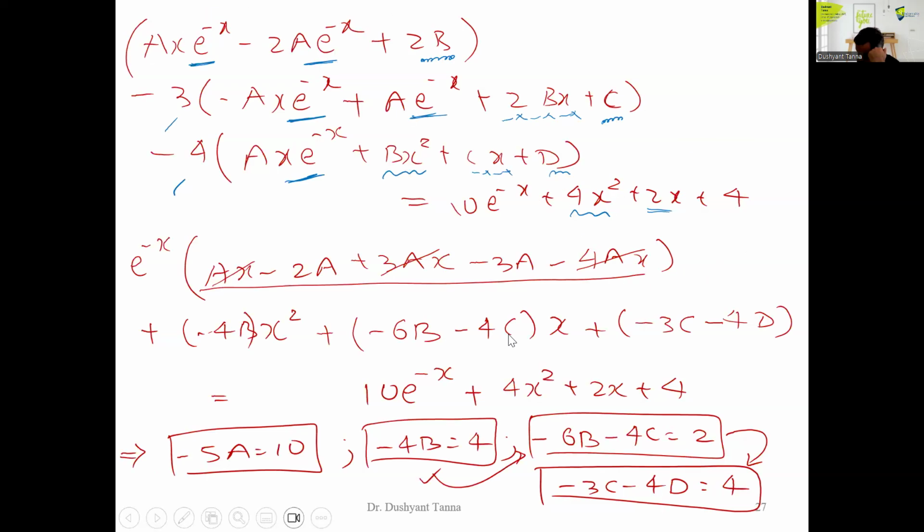Did I miss anything here? With a constant? I missed 2b, isn't it, from the first one? Yeah, so that 2b has to be here. So therefore that 2b has to be here. Yeah, see this part? As you can see, this one. 2b, c, and d. Right?